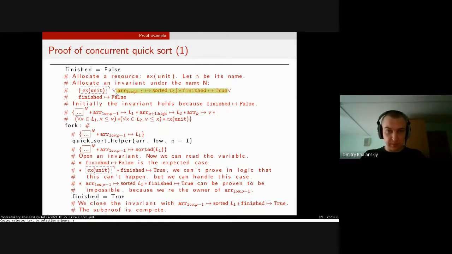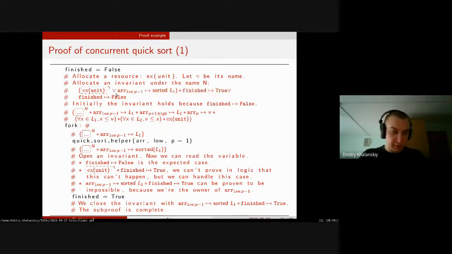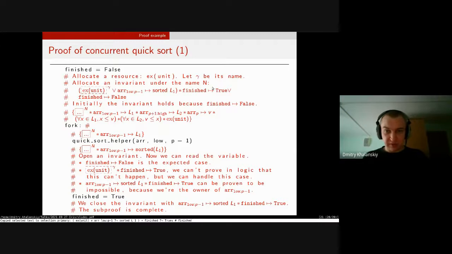At a later point, when the main thread looks into the finished variable and observes that it contains the true value, it knows that it is because the forked off thread put this in there.